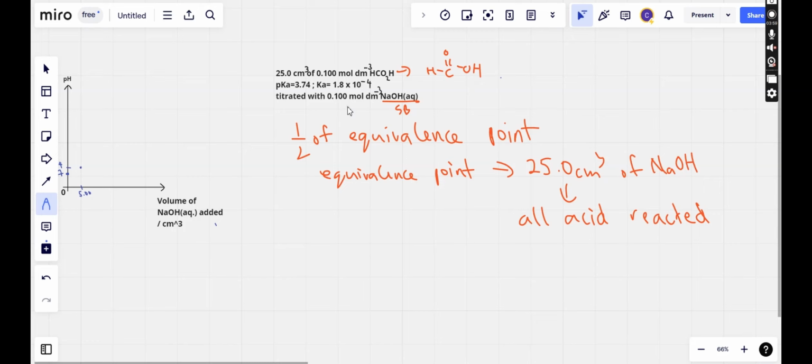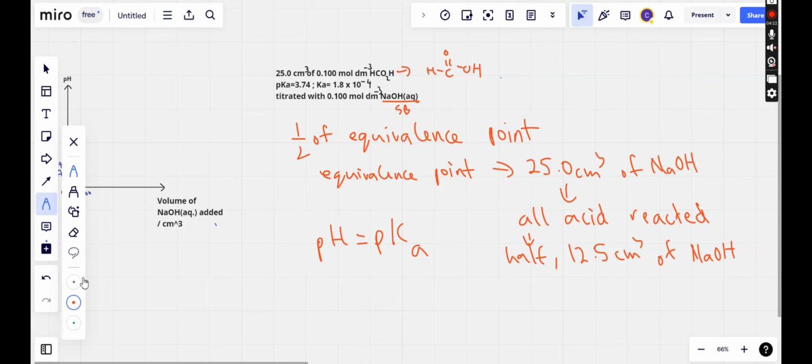So at half equivalence point, half is at 12.5 cm cube of NaOH. And at this half equivalence point, pH is equal to pKa.